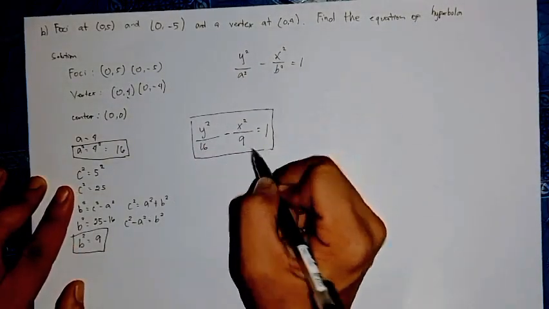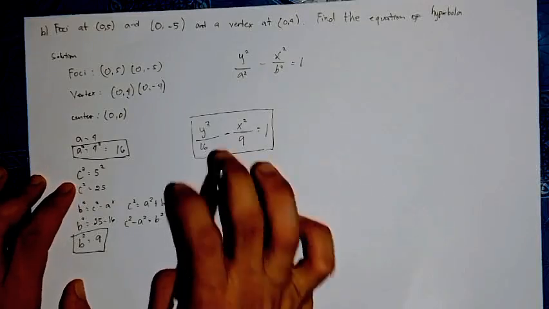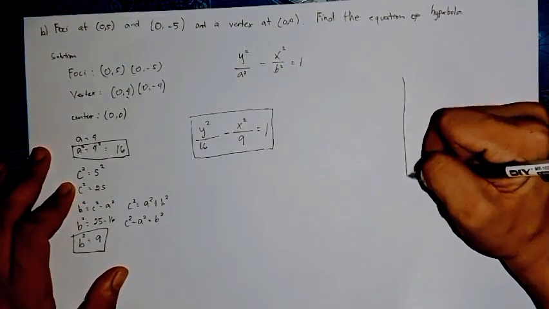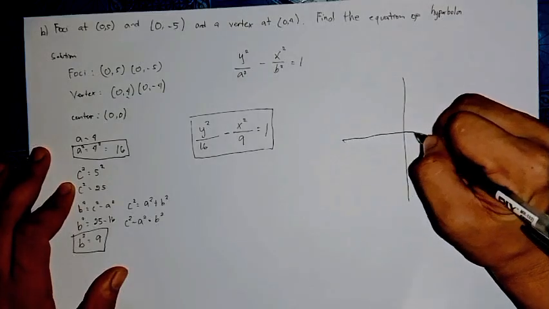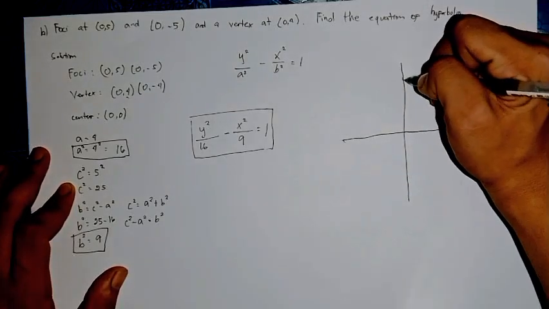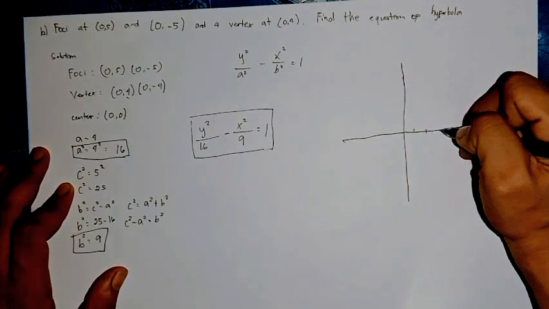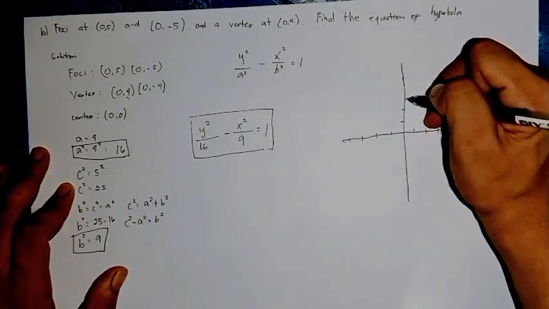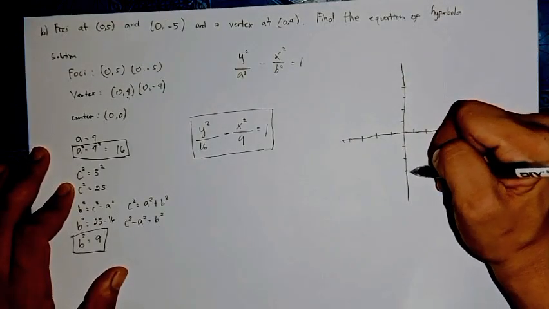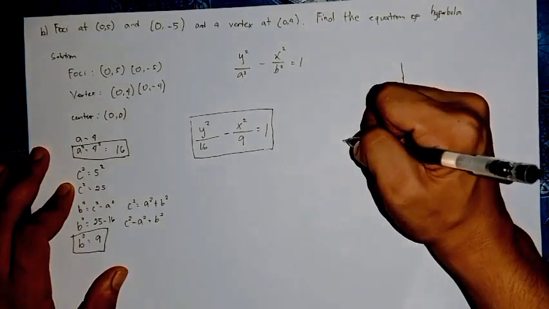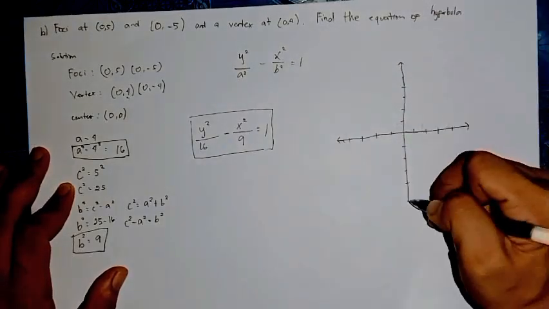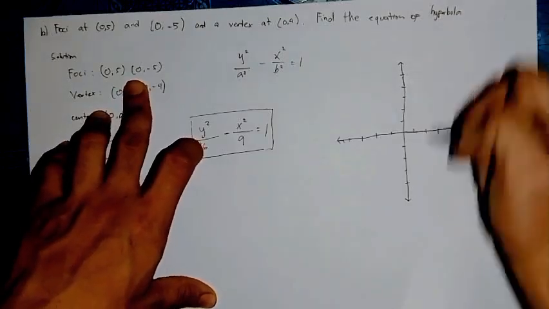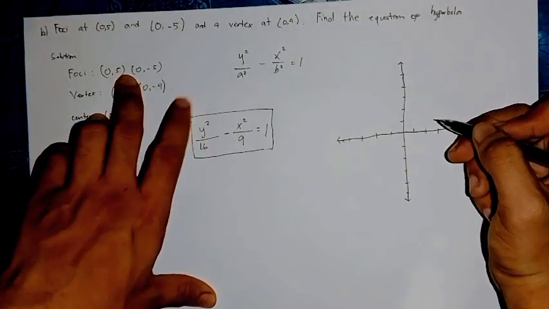Now let's graph this hyperbola. We have a Cartesian plane. Now our foci is 0, 5 and 0, negative 5.